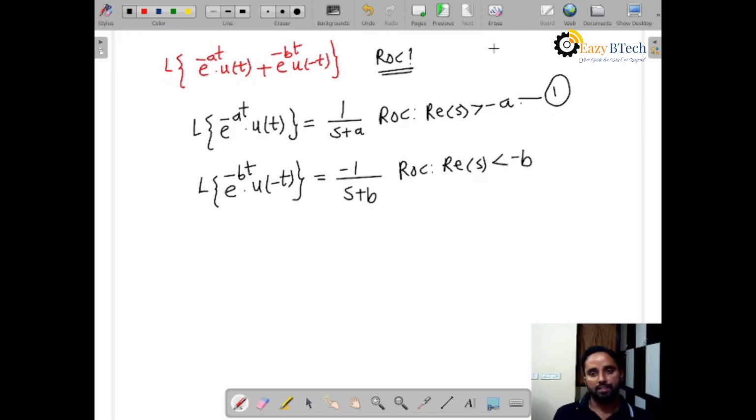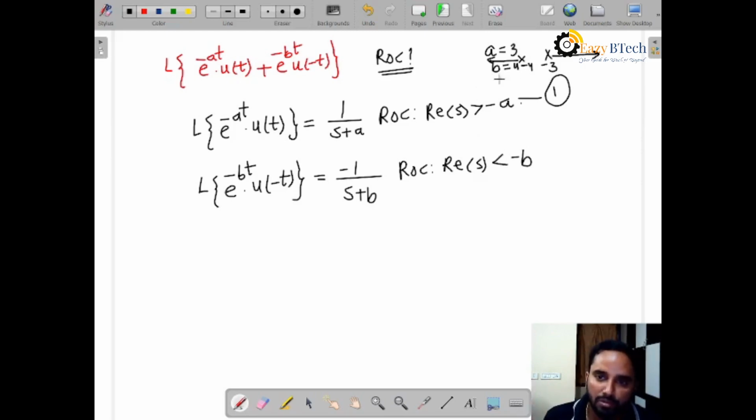Let's take, for example, a equal to 3 and b equal to 4. So greater than -3, and less than -4. There is no common ROC here. Therefore, the Laplace transform does not exist in this case.